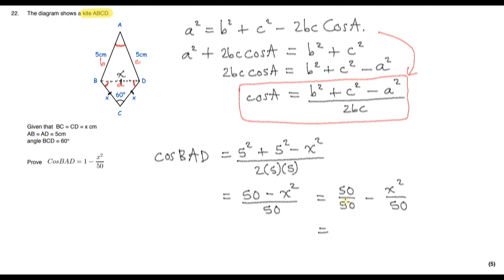And obviously 50 over 50 is just 1, so it's going to be 1 minus x squared over 50. And lo and behold, that is exactly what we have to prove. So we have proven that cos of BAD is equal to this expression over here.